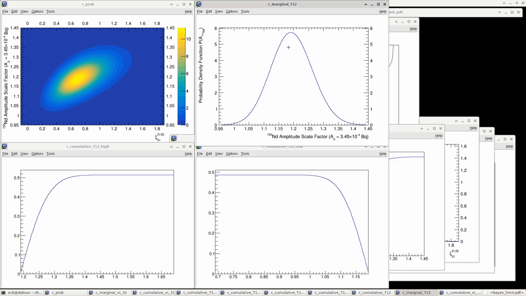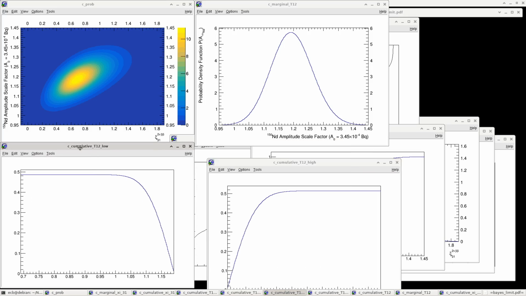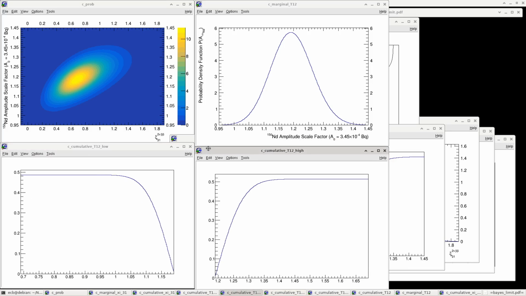We should find a two-sided limit. And the way that's done is to firstly take the peak value and integrate in both directions. So that's what these figures are here. So we have the cumulative probability distributions, the low and the high end. So I'll flip them around.